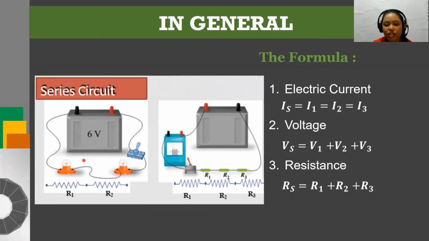The total voltage is just equal to the voltage source, and the voltage source is just equal to the voltage drops of each resistance. The total resistance is just equal to the resistance of each load. So we have R total, or R source, is just equal to R1 plus R2 plus R3.